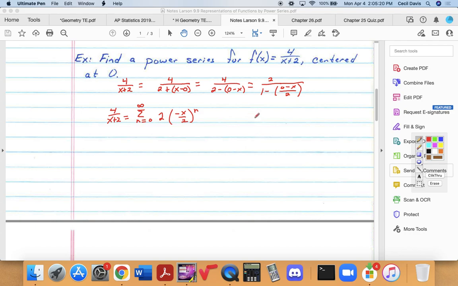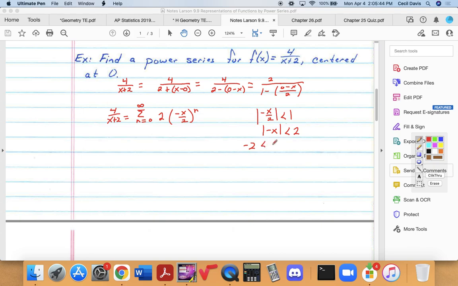Now, this is centered at 0, so the absolute value of negative x over 2 has to be less than 1. This is sometimes called a geometric power series because we've made it geometric. Multiplying by 2, we get the absolute value of the opposite of x has to be less than 2.